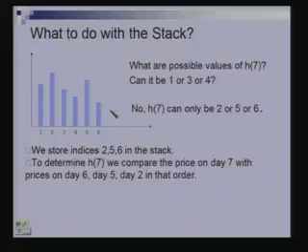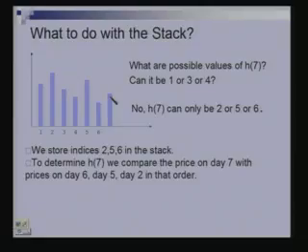Then what is h of 7? 6. But if the price on day 7 was larger than the price on day 6, then I will compare it with the price on day 5. If it was larger than the price on day 5, then I will compare it with 2. If it was larger than 2, then h of 7 is -1.